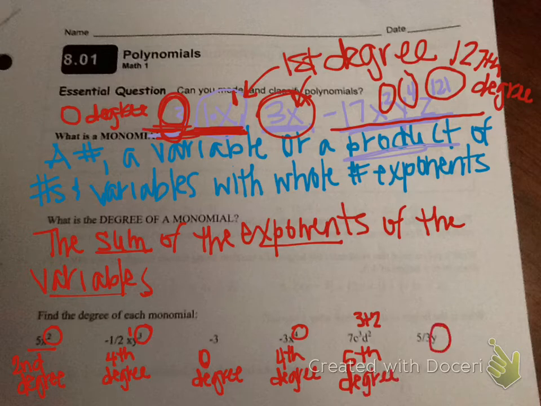And then this just has an exponent of 1, so it's a first degree. So when we're talking about a monomial, just one thing multiplied together, we find the degree by looking at the sum of all of the exponents.